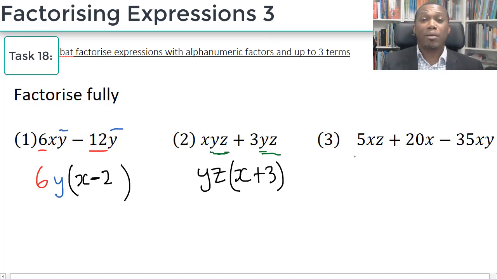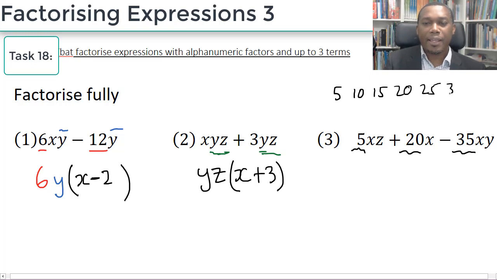Right, now for this big one. 3 terms. Looking at the numbers, I have a 5, I have a 20, I have 35. Any number ending in 5 or 0 is in what times table? Yeah, the 5 times table: 5, 10, 15, 20, 25, 30, 35.